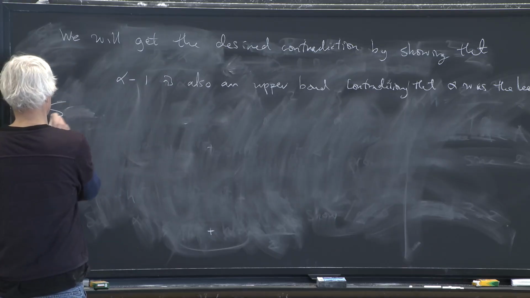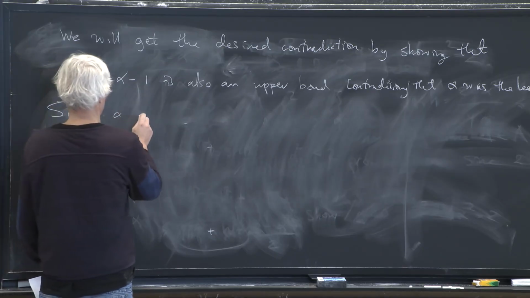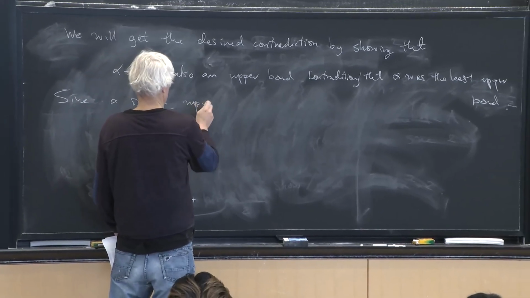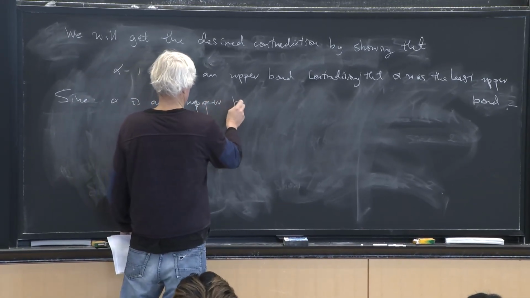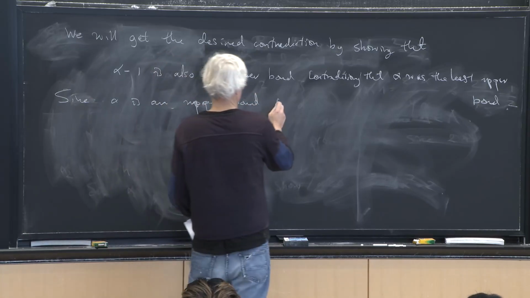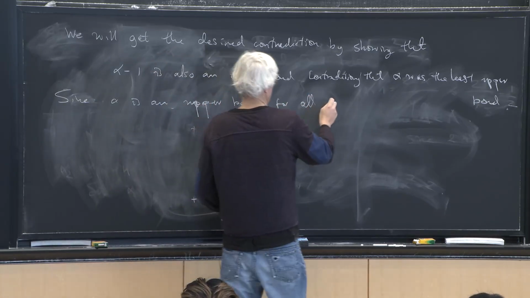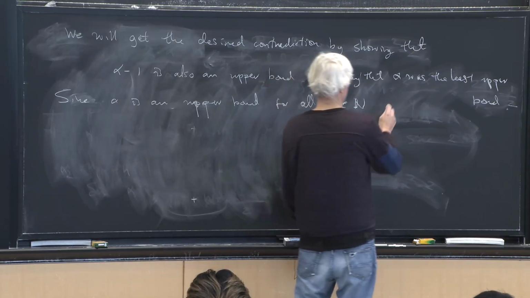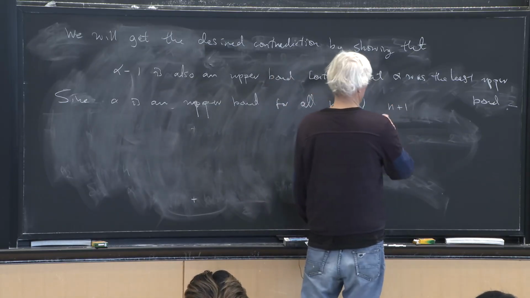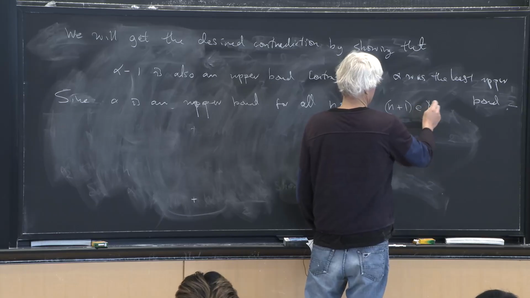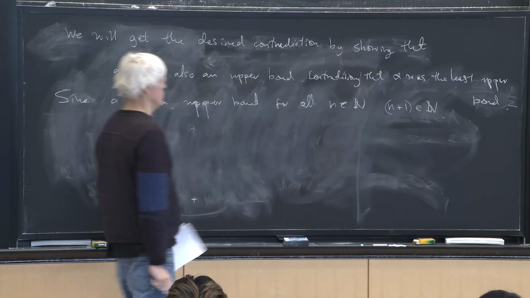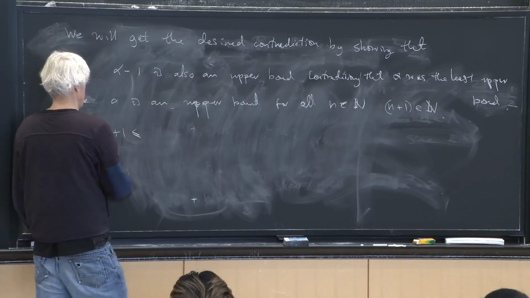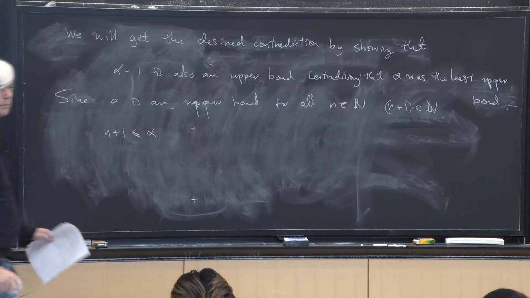Since alpha is an upper bound, for all natural numbers n, if you add 1 to the natural number, this is also a natural number, right? n plus 1 is also a natural number. So n plus 1 must be less or equal to this upper bound, right?